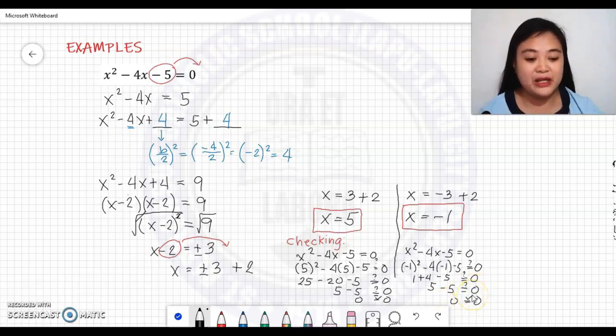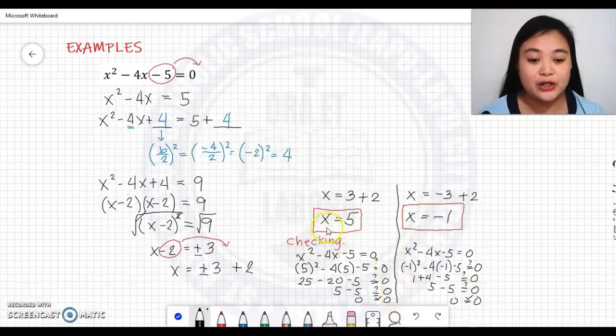Okay, meaning since both of our values of x satisfy our checking, we could conclude.